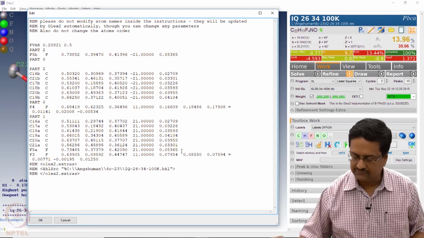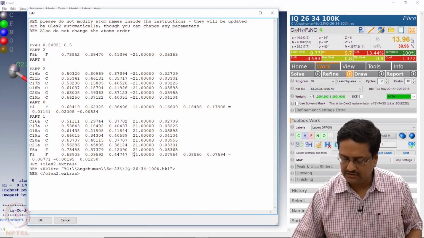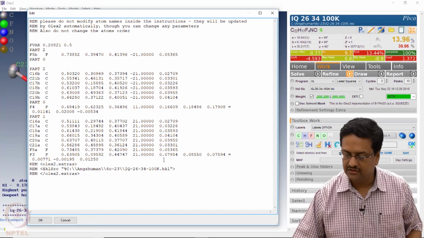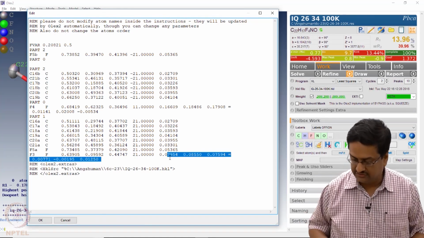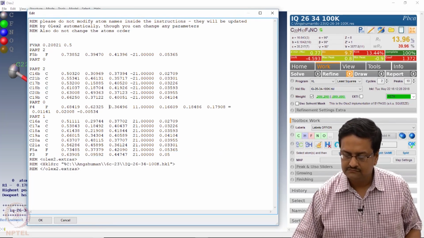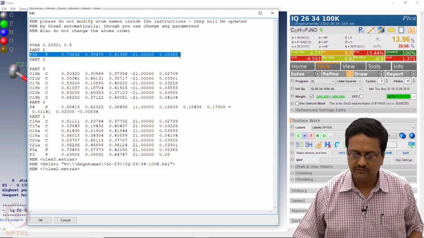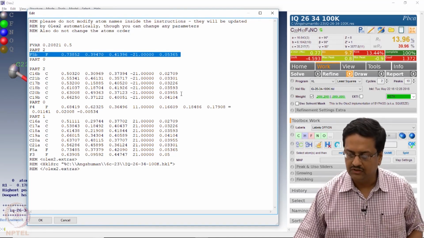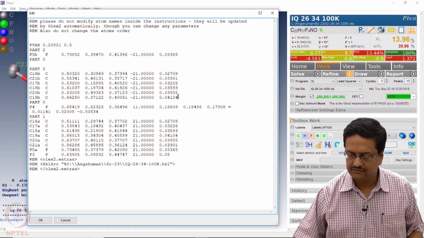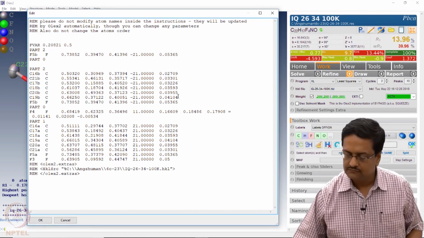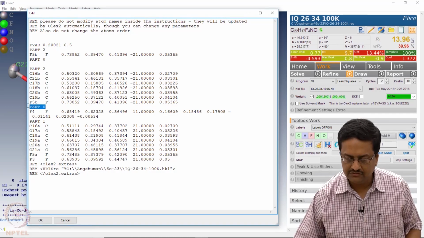So we bring that F3 here and write this as 21 and make it isotropic. Similarly, this atom we bring here, it is already isotropic.